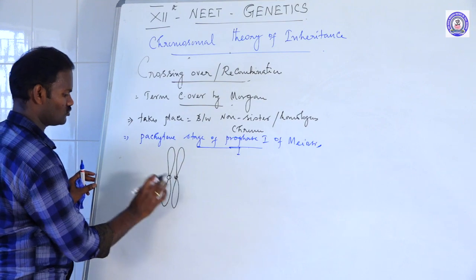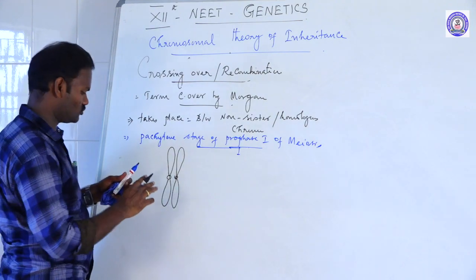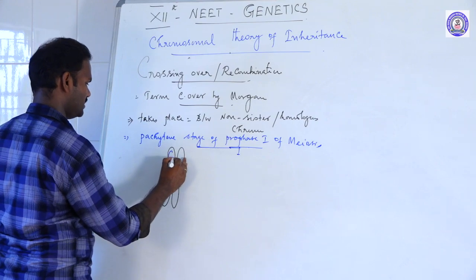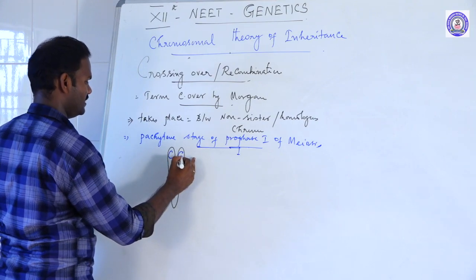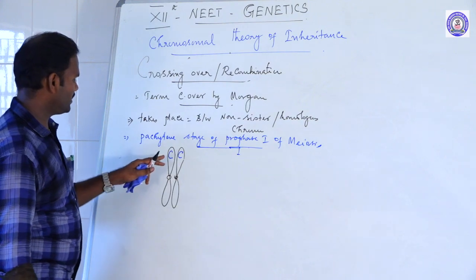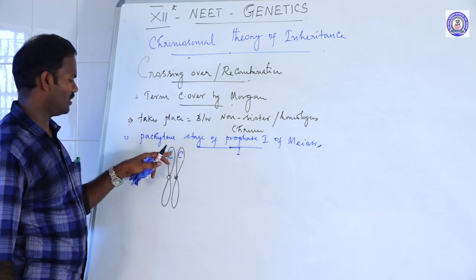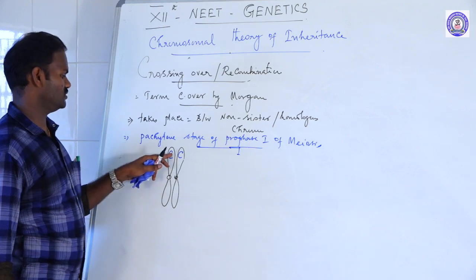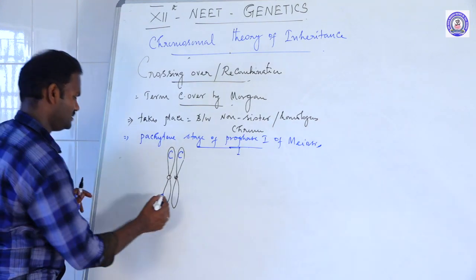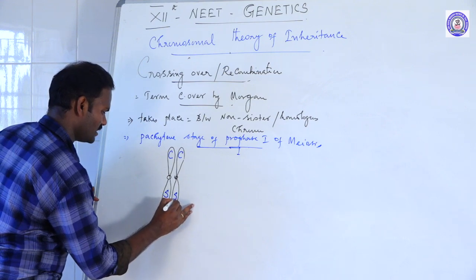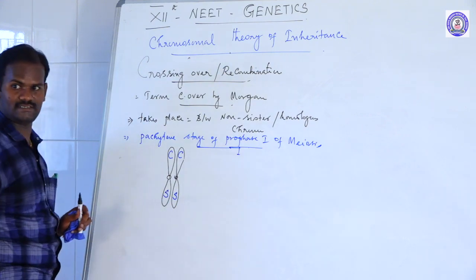So these are homologous chromosomes. How can we identify the homologous chromosomes? Let us consider the capital C. It is a gene located on a specific locus of the homologous chromosome, the same locus, and a specific position is called a locus. And next, capital S. These are responsible for controlling specific characters.